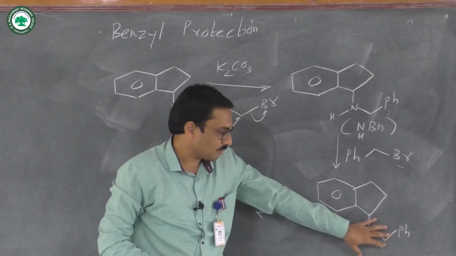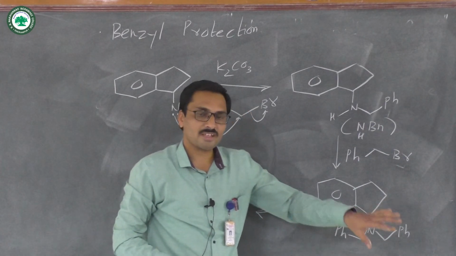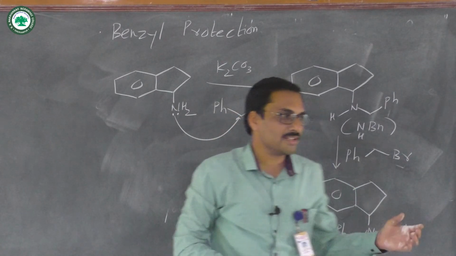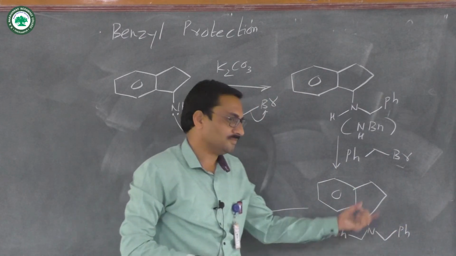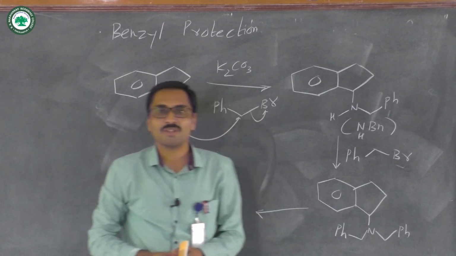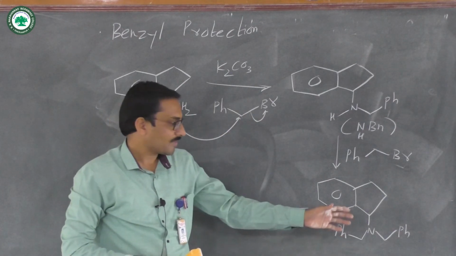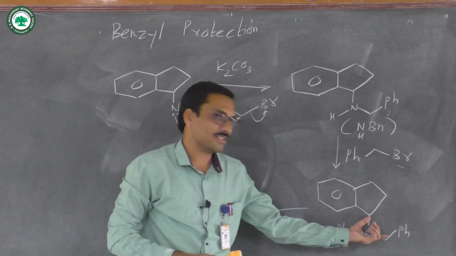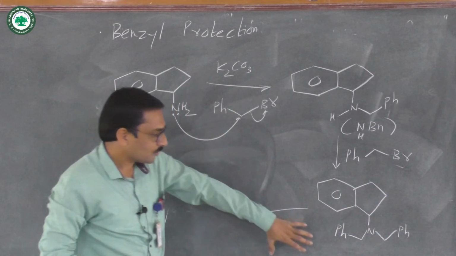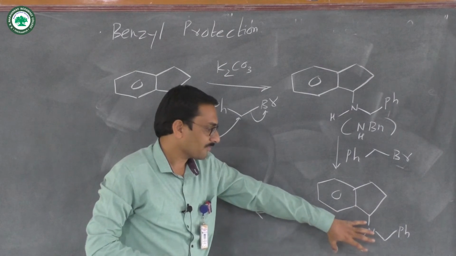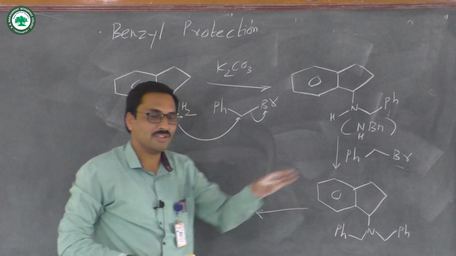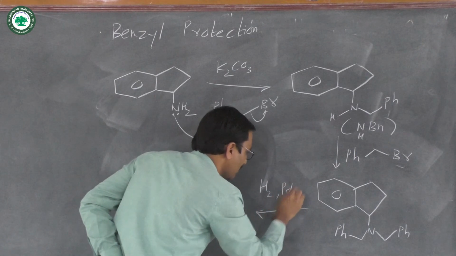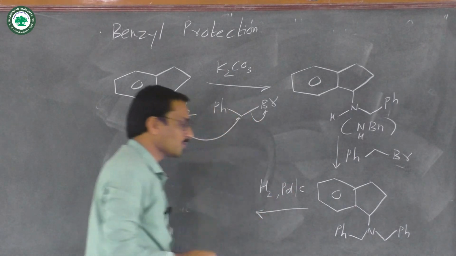This benzyl group is stable towards basic conditions, stable towards acidic conditions, stable towards Grignard reagents, organometallic reagents, hydrides, and oxidizing agents. If we want to deprotect this benzyl group, then we use H2, Pd/C condition, that is catalytic hydrogenation.